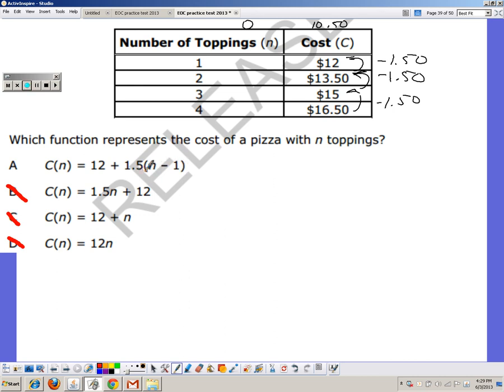So 1 minus 1 is 0. So $1.50 times 0 is 0. So we get $12. Same thing with 0. n is 0, so 0 minus 1 is -1. -1 times 1.5 is -1.5. And 12 plus -1.5 is $10.50.